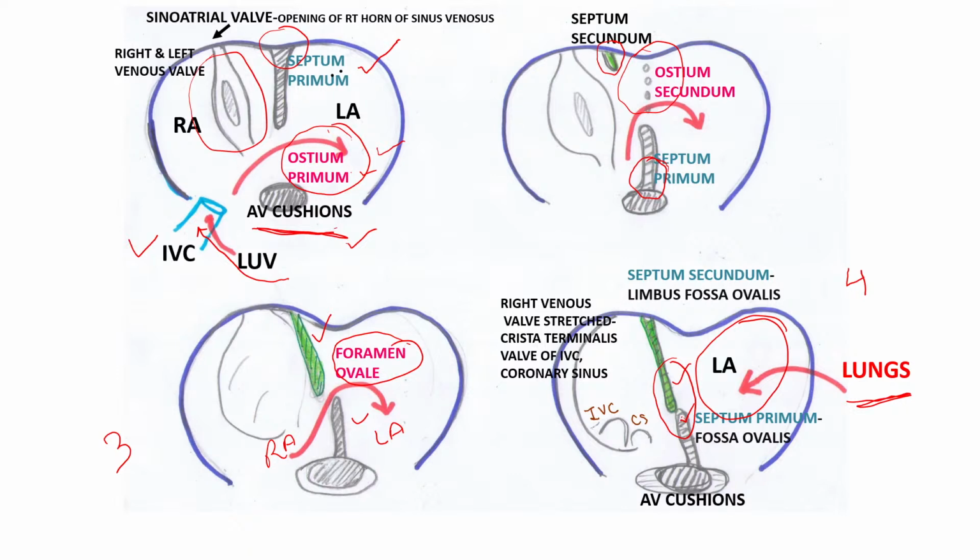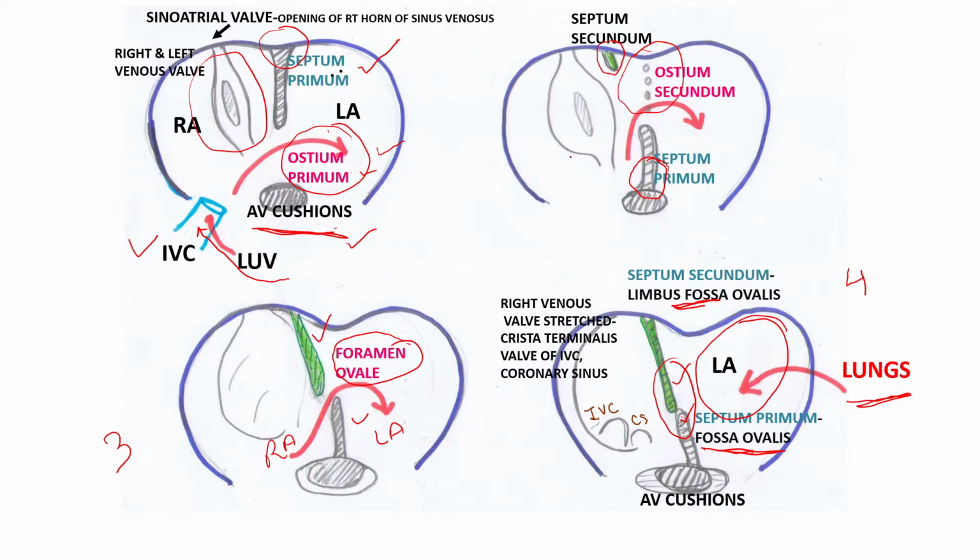And in the adult, we have seen the remnant of the septum primum as the fossa ovalis, and the remnant of the septum secundum as the limbus fossa ovalis. So, this was the development of the fossa ovalis and the limbus fossa ovalis, which we have seen in the interatrial septal part of the right atrium.